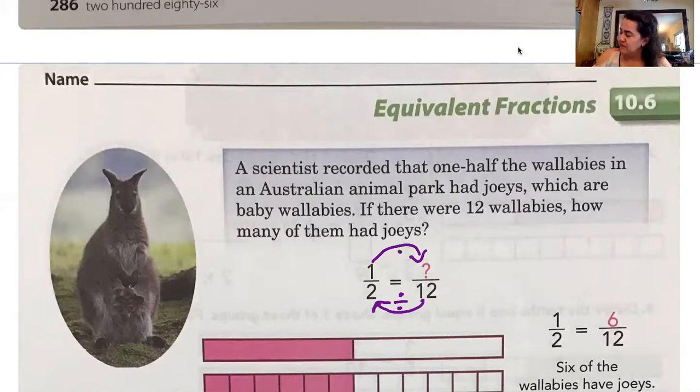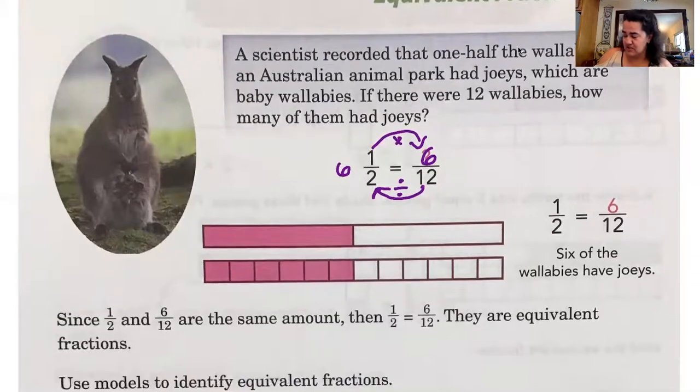So dividing 12 by 2, we get 6. So then we're going to put 6 times 1 is 6. So 1/2 is equivalent to 6/12. And if I check on the rectangles on my paper, that's exactly what I end up with, 6/12. 6 of the 12 wallabies have joeys.